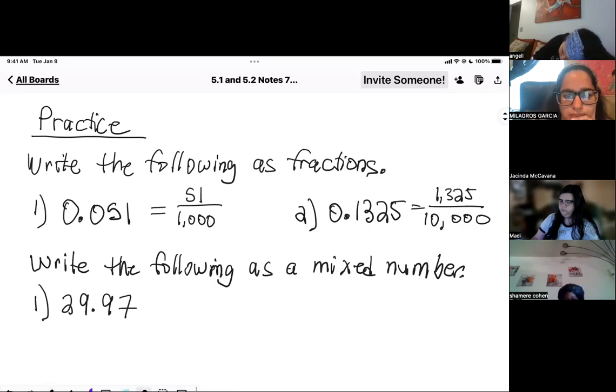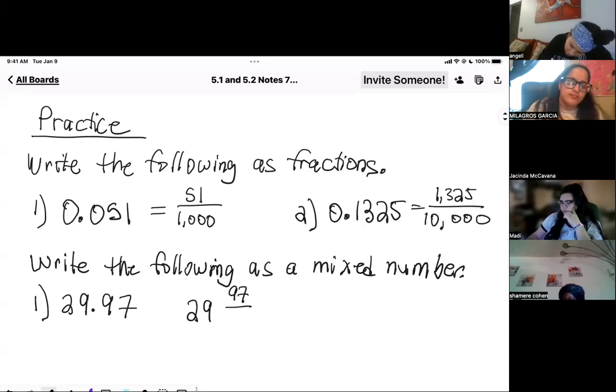So if I have 29.97, how do I write that as a mixed number? Well, 29 is my whole number. And then I make the 0.97 my fraction. So it'd be 97 over 100. That's what I mean by writing it as a mixed number.